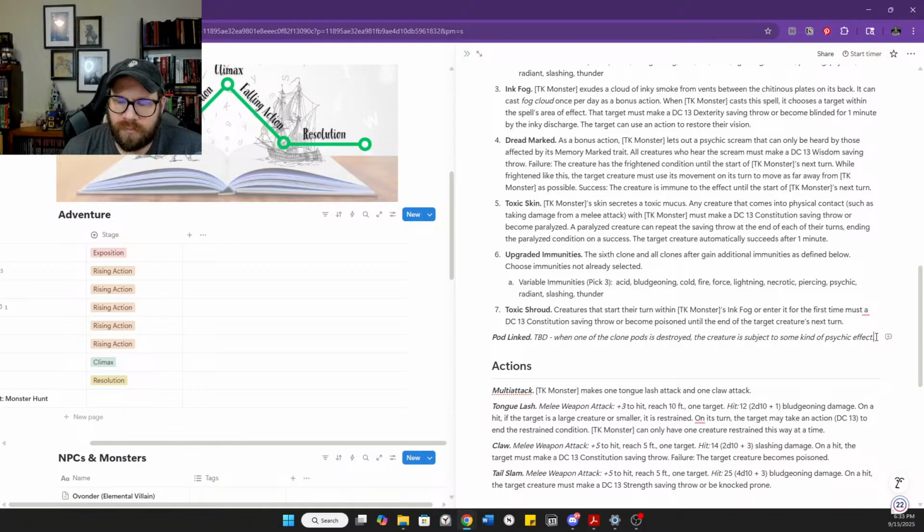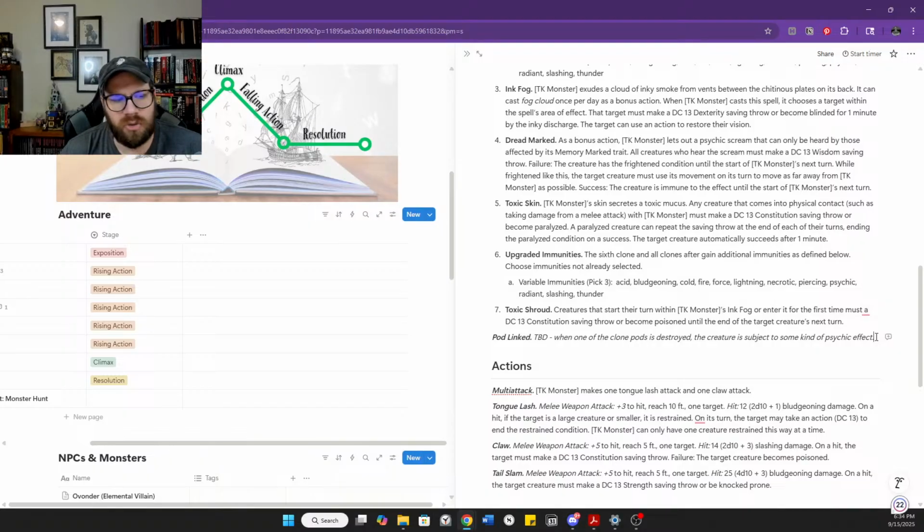I really like this idea. I do want to do something for this. The more I think about it, but what I think will probably work best, and again, feel free to come up with your own ideas for this, is that when one or more of the pods is destroyed, the creature should get disadvantage on attack rolls.